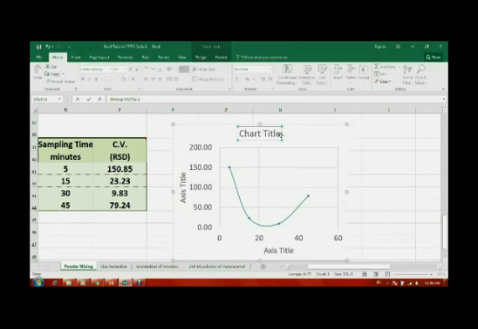Now, add the titles, chart title, as well as the axis titles. Here, in this video, variance in coefficient of variation is mistakenly used. Please use coefficient of variation instead.